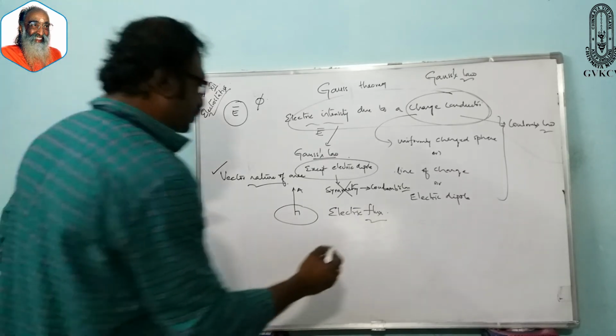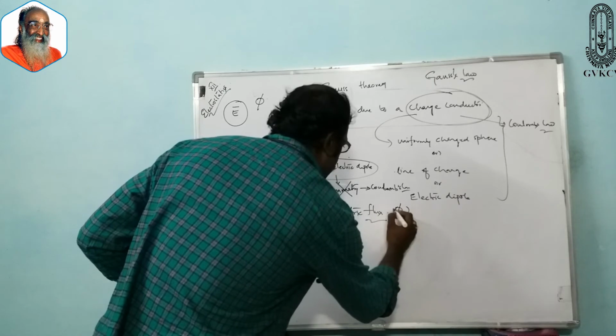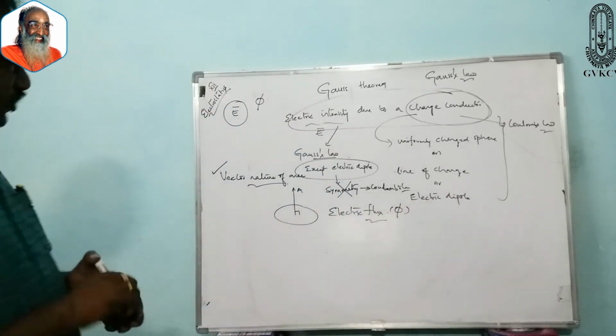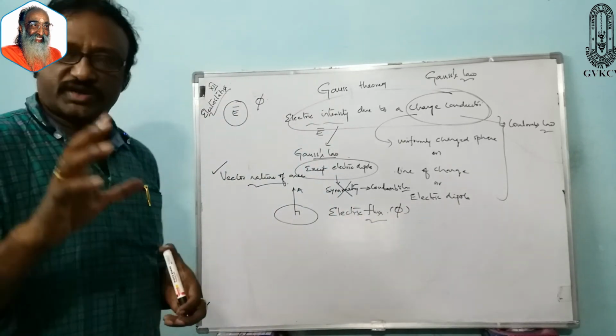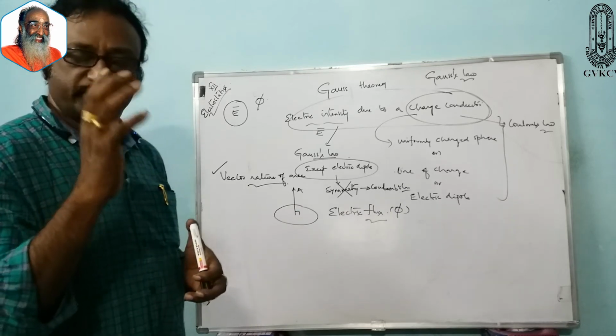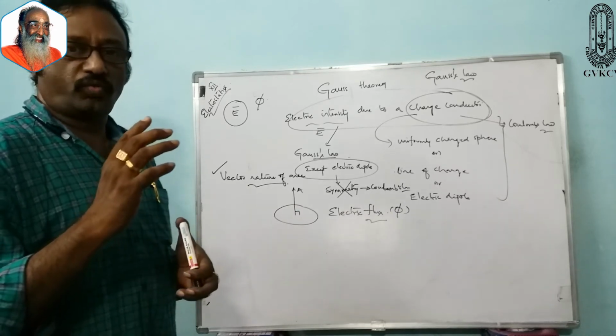So electric flux is denoted by phi, and how to understand this electric flux? Electric flux is a number. So what does this number mean?